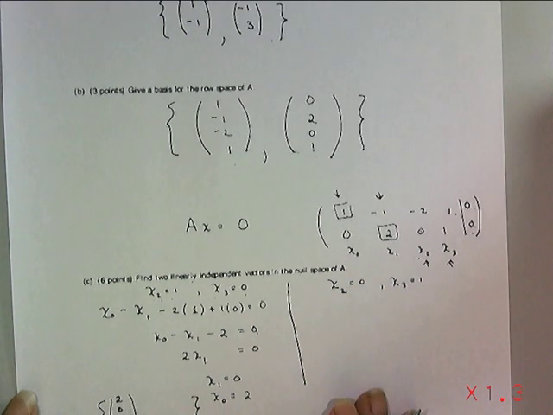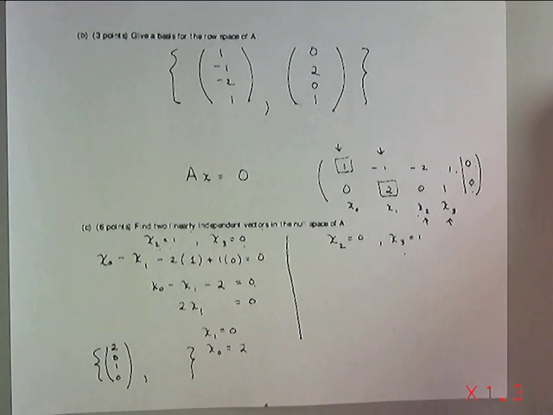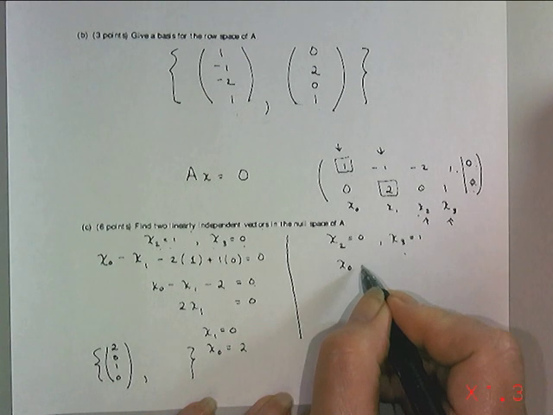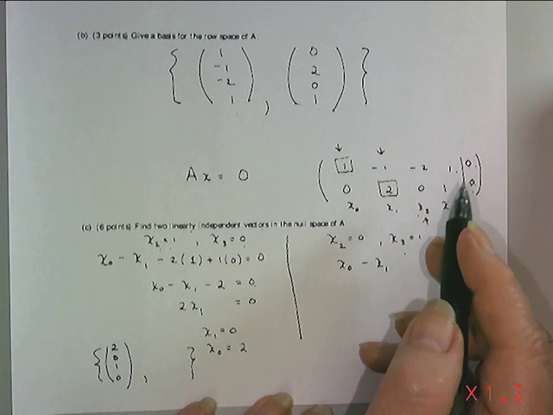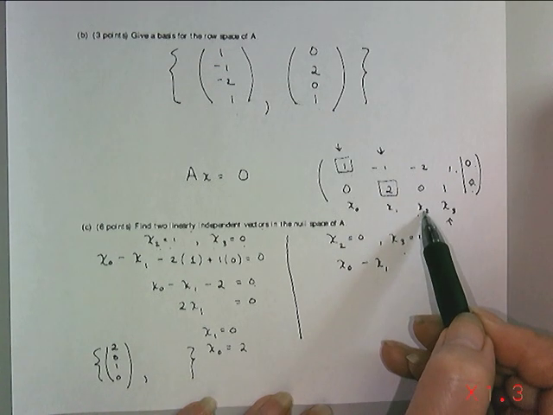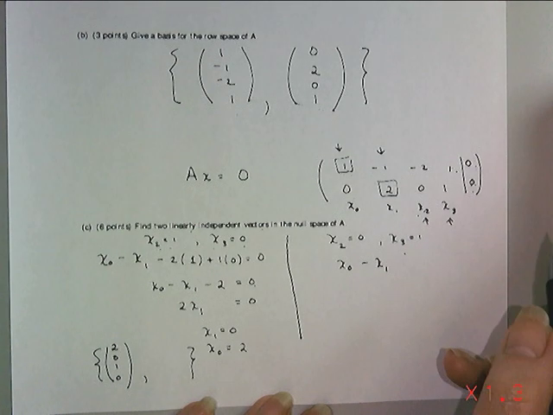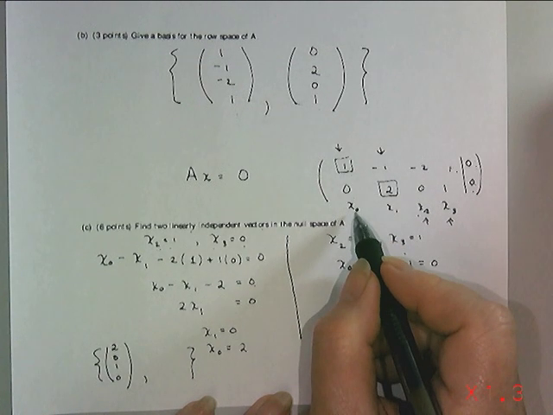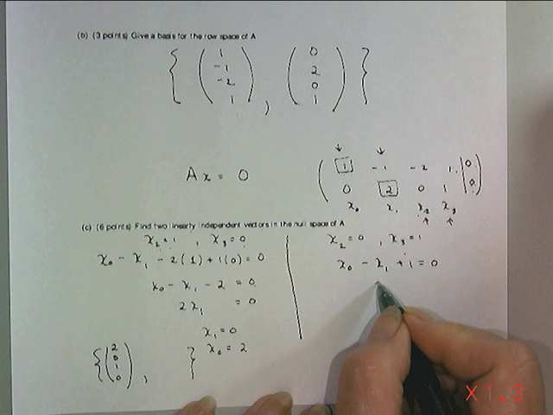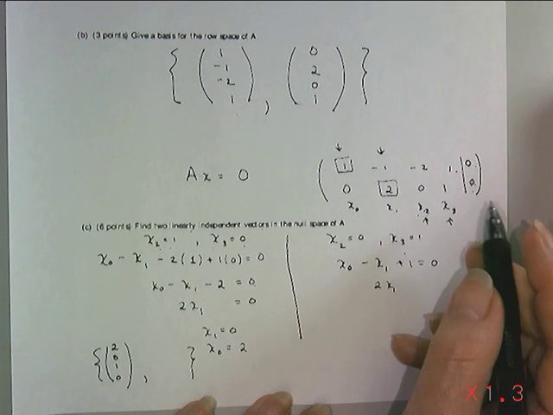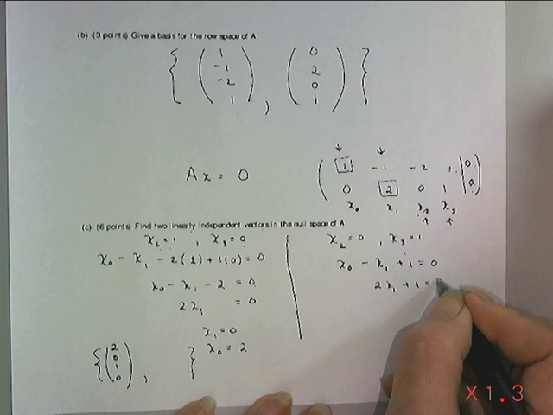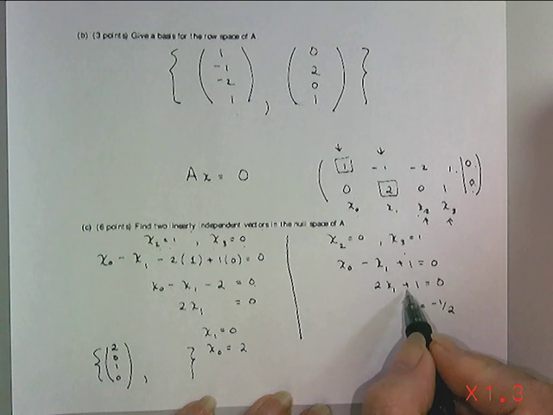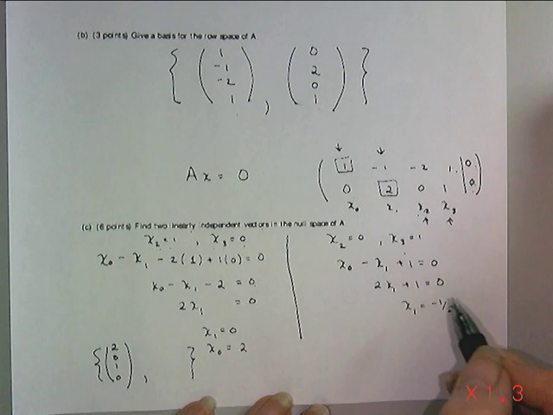The other I can find by solving the system chi0 minus chi1 minus 2 times 0 plus 1 times 1 is equal to 0, and 0 plus 2 chi1 plus 0 plus 1 is equal to 0, which means that chi1 is equal to negative 1/2, by backwards substitution.